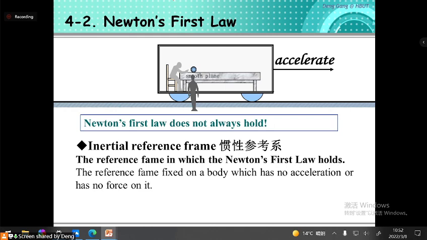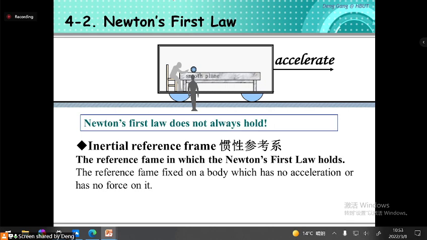For example, here in this classroom, the desk is originally at rest, right? The desk has no acceleration relative to the ground, and the net force on this desk should also be 0. If we choose this desk as a reference frame, that is an inertial reference frame.